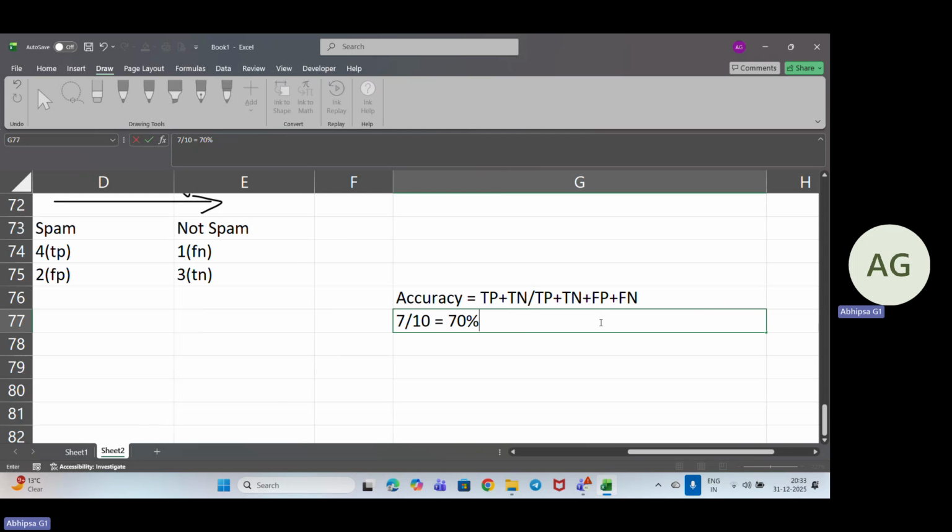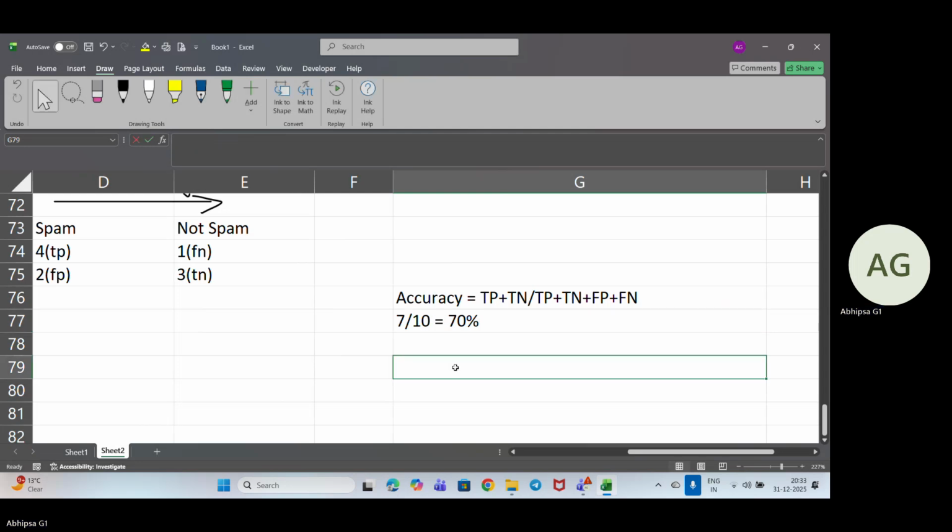Right? So coming down to precision. Precision would be true positive divided by true positive plus false positive.